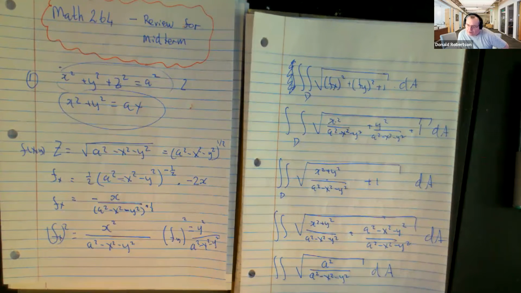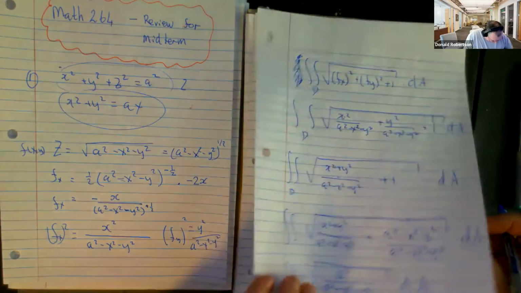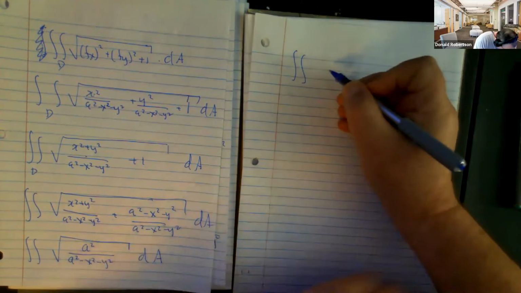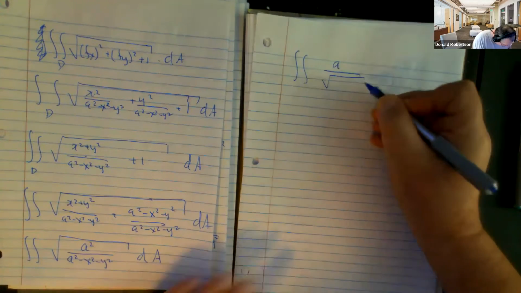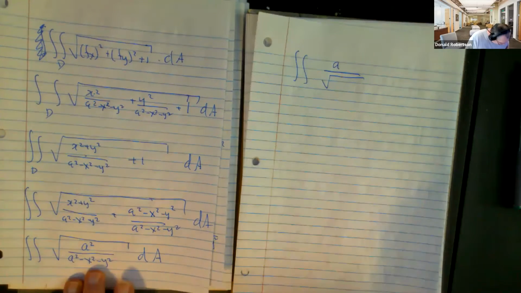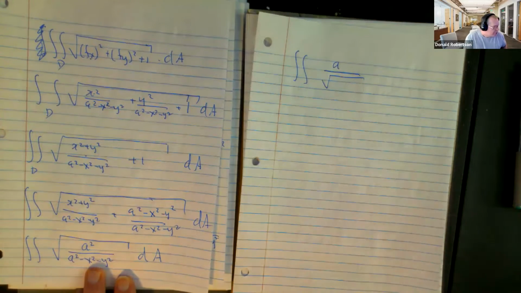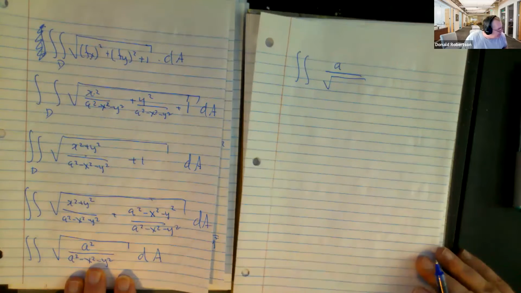Are we still good? I know I'm zooming through this, but are you following the steps? Okay, so now we're going to keep the theme going. Separate that out, you get an a, and on the bottom, you get that. But I'm going to be using polar coordinates, because of something else that's coming up.